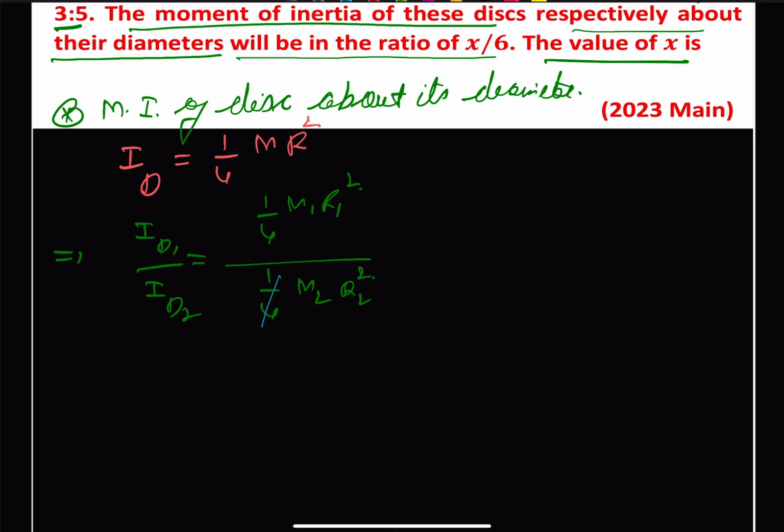Here 1 by 4 and 1 by 4 cancel out, and this comes as m1 r1 square upon m2 r2 square.